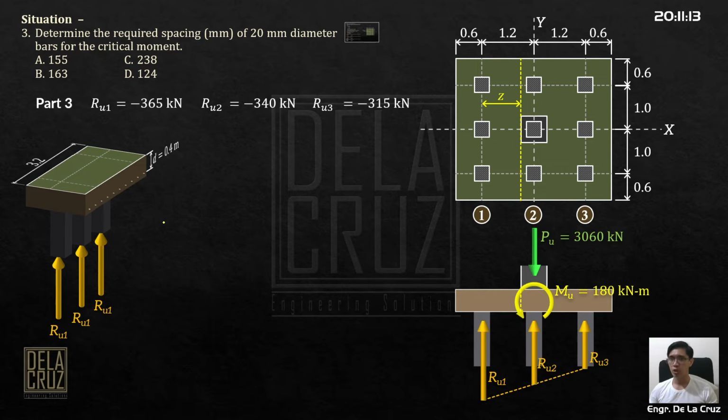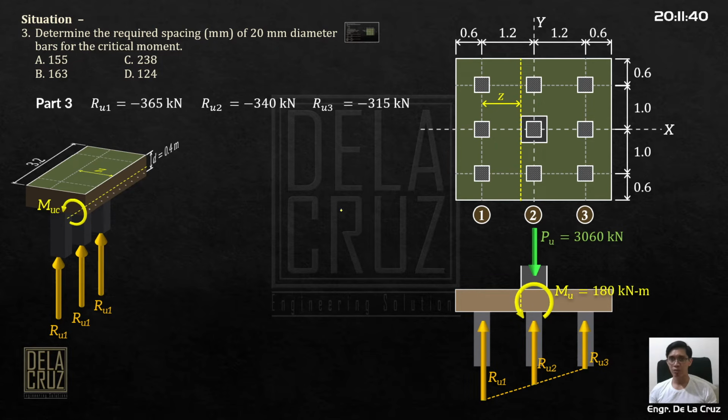This is still 3.2 meters, a total of these dimensions. Then, dito yung ating critical moment. It is the reaction of the moment produced by this RU. So, tawagin ko siyang MUC, critical moment at that section. Ito yung Z. That one.